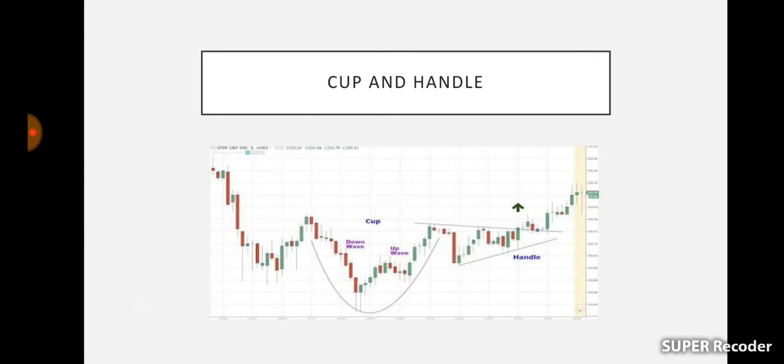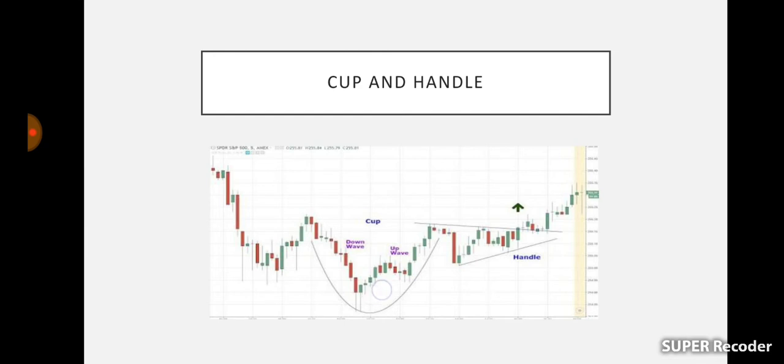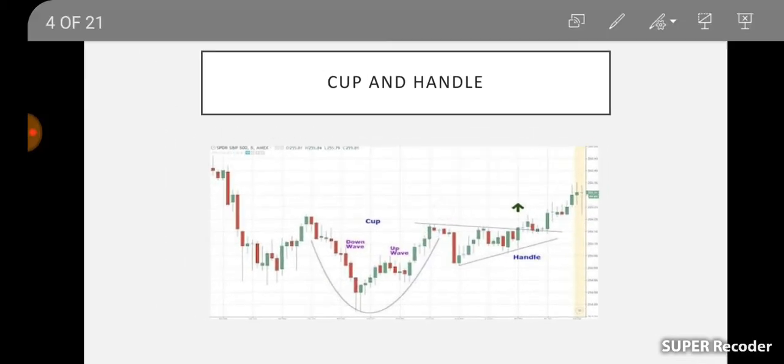Okay. And in this chart, we are in a downtrend and here the price wave goes down, followed by a stabilizing period and followed by a rally of approximately equal size to the prior decline.